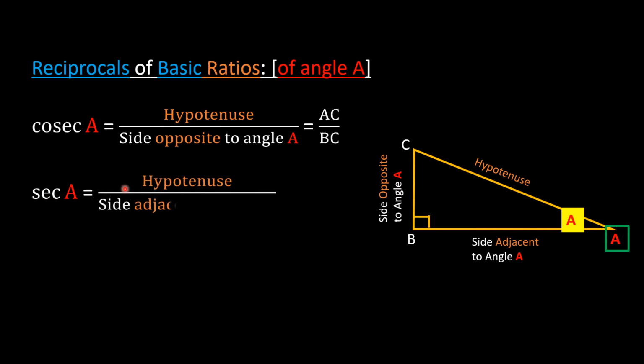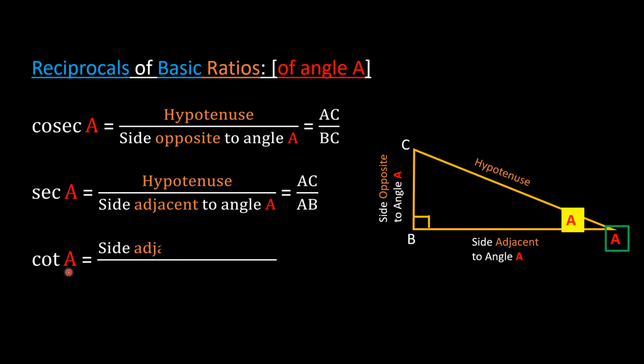Sec A equals hypotenuse divided by side adjacent to angle A, that is AC divided by AB. And cot A equals side adjacent to angle A divided by side opposite to angle A, that is AB divided by BC.